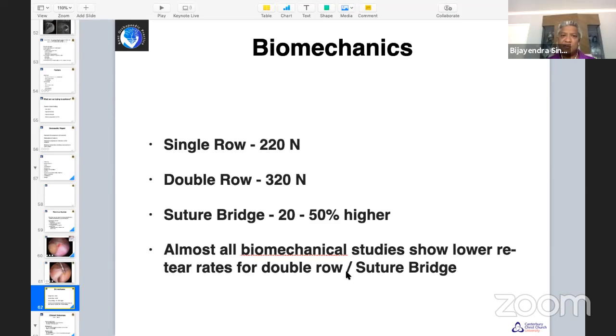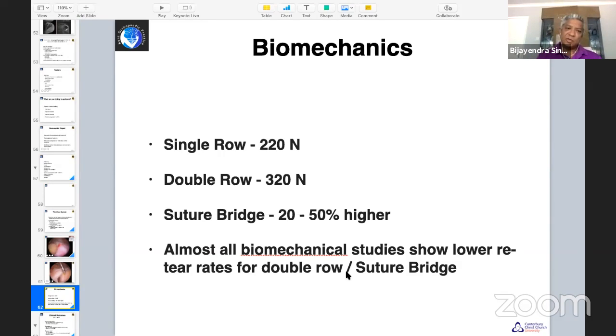Now, it's important to remember that a few basic studies to look at what the strength in the rotator cuff repair needs to be is actually quite low. So the pull-out strength needs to be about 180 newtons. So what it suggests is that even a single row repair is probably strong enough to provide the healing.